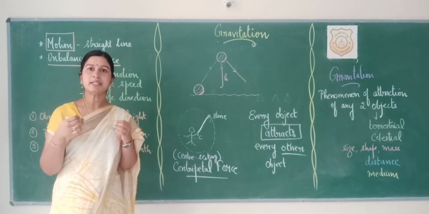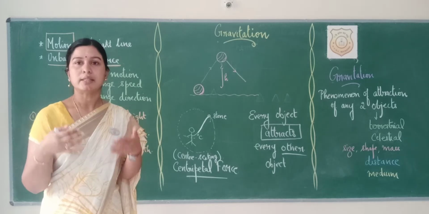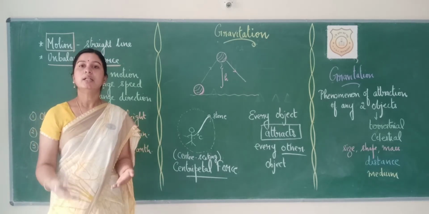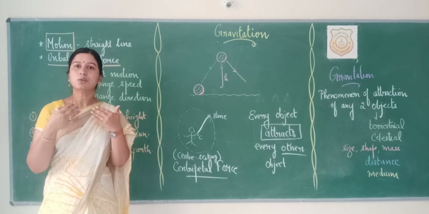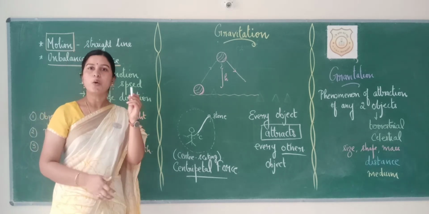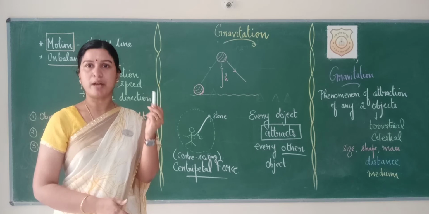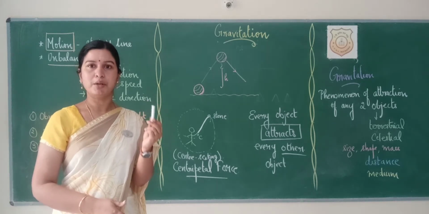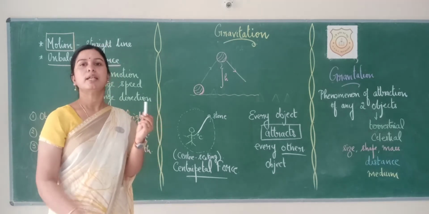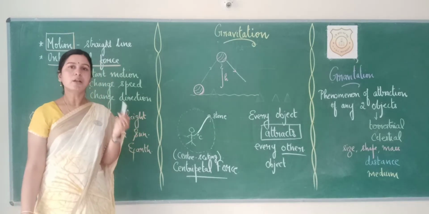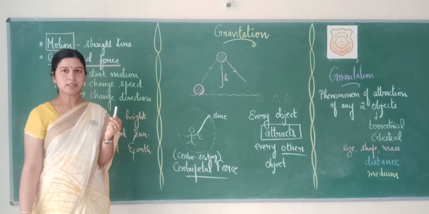So if I am standing on the surface of the earth, the earth attracts me and I also attract the earth. If I am holding this chalk in my hand, the earth is able to attract the chalk and the chalk is also able to attract my hand. So this is applicable for all the objects in this universe.